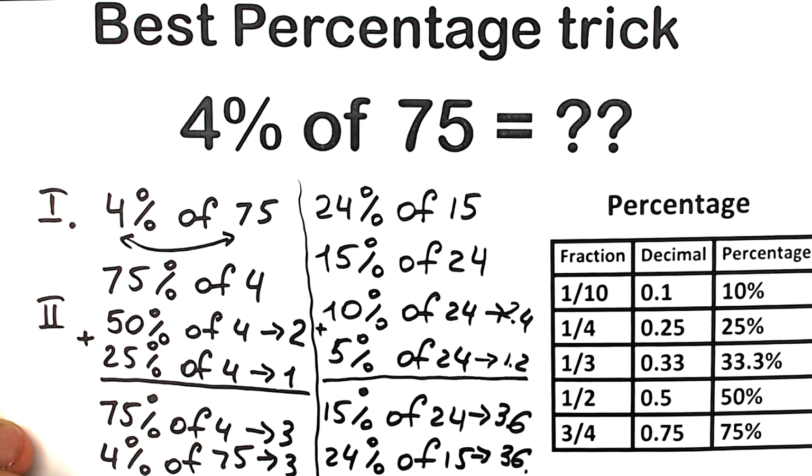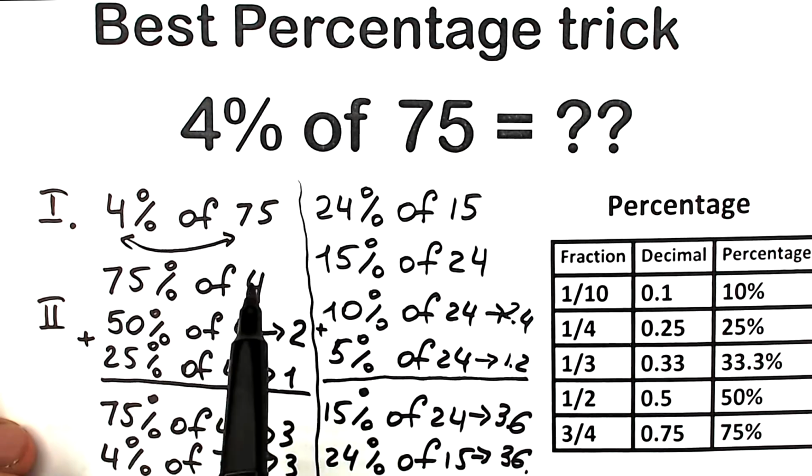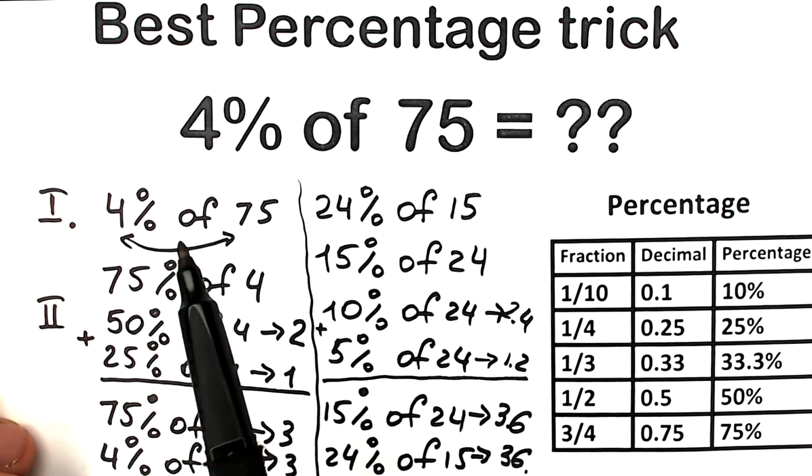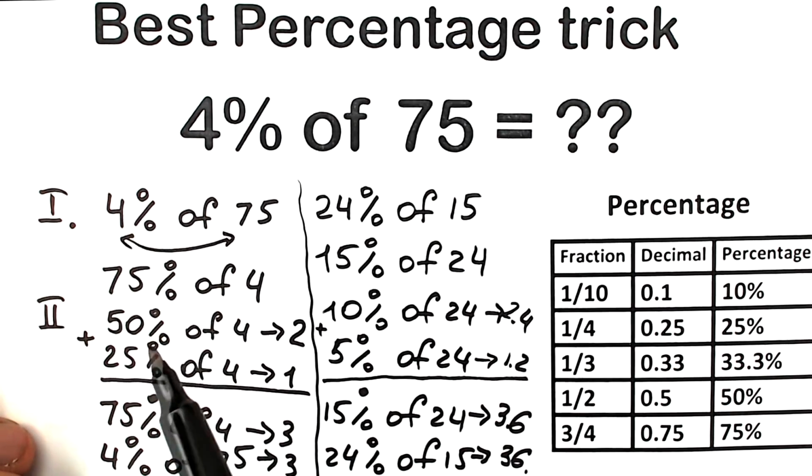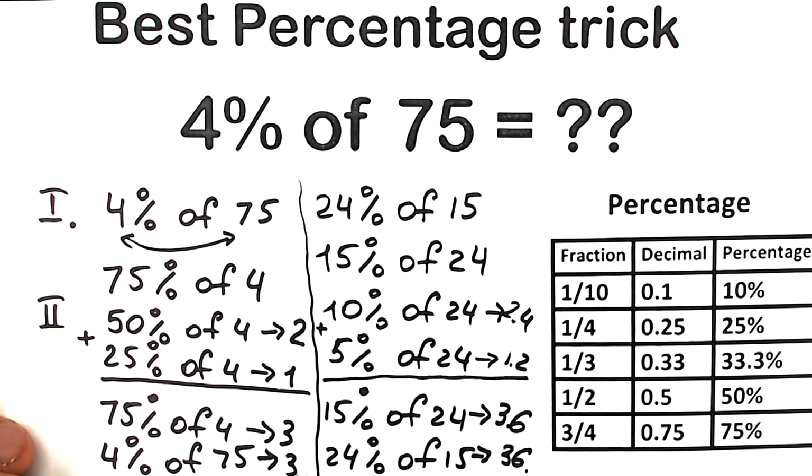I hope you understand this explanation. These are two really great tricks. First trick, we can easily swap these percentages, which helps us a lot, because sometimes we have 13% of 50. It's bad for us, because we can easily write it as 50% of 13, and then it's a table case, and we have our answer. So I hope you understand this trick.